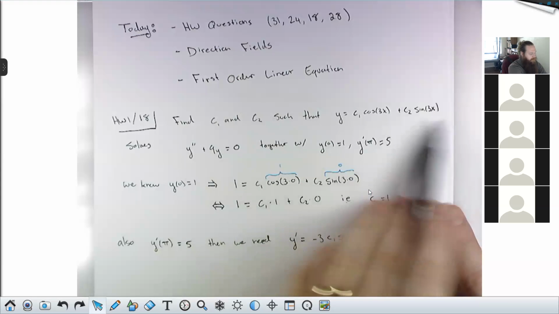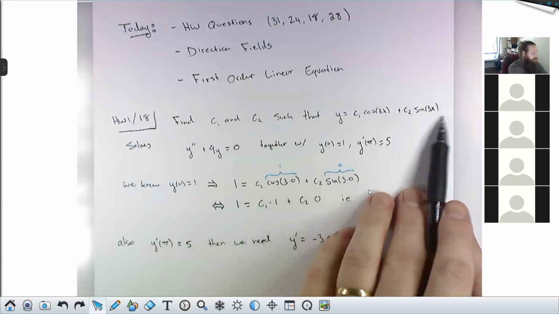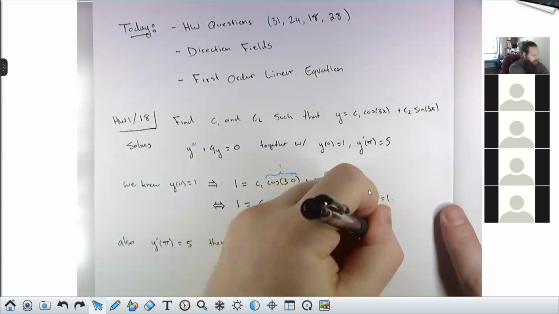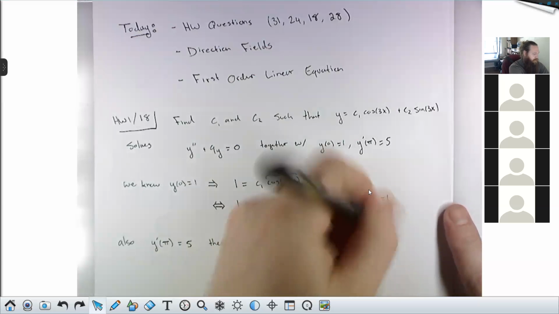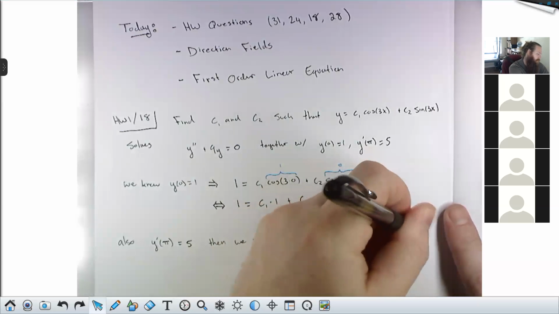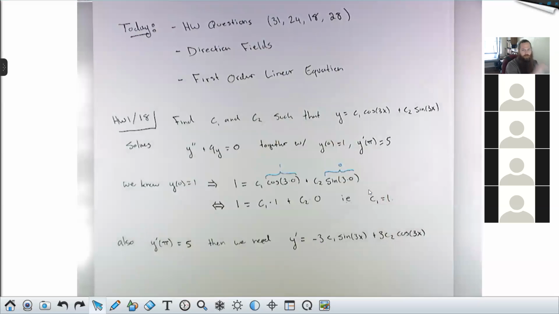And then this piece I can differentiate. He's going to be 3 C2 cos 3x. Again, the constant C2 just comes along for the ride, and the derivative of sine 3x is cos 3x times 3 by the chain rule, or 3 cos 3x.